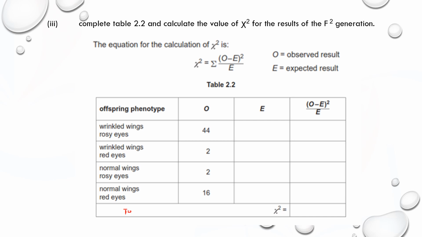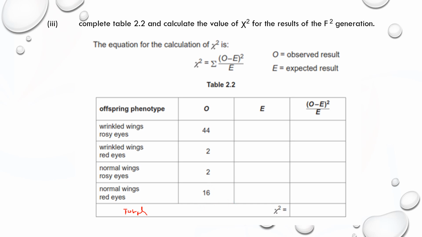If I add up 44 plus 2, that's 46, plus 2, that's 48, plus 16, that's 64. So the total here is 64.